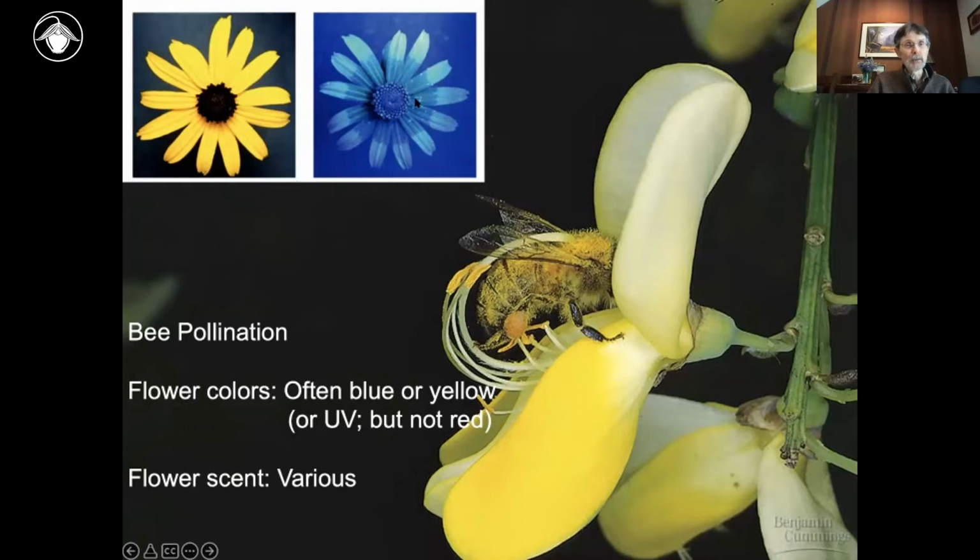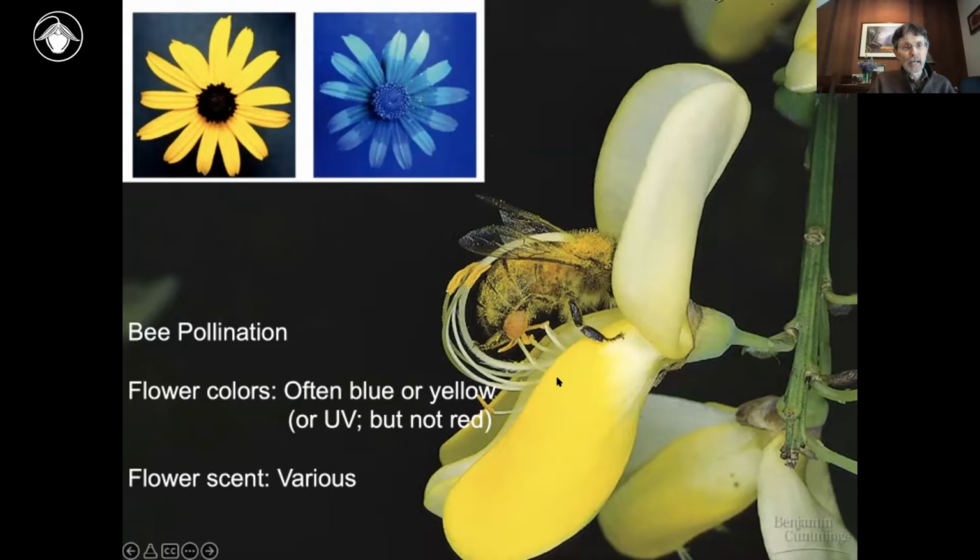It sees into the UV, but its visual spectrum is shifted, so it can't see red light. It can't see the long wavelength lights that we can see. Red just looks black to them. So bee pollinated flowers tend to be blue to yellow, but not red typically.